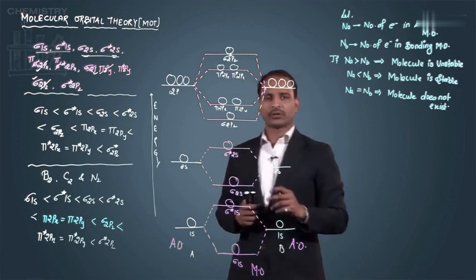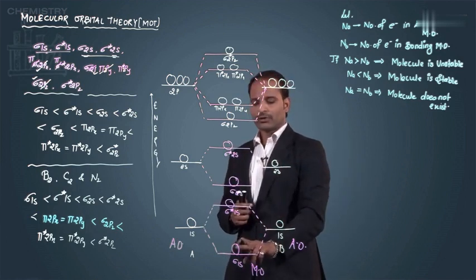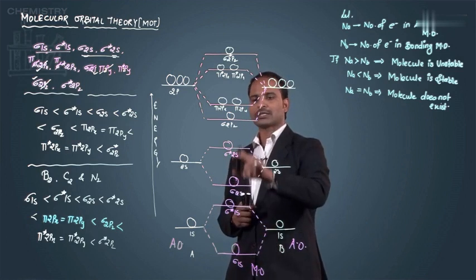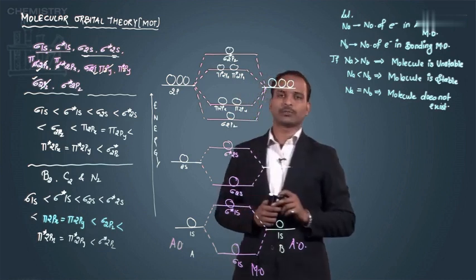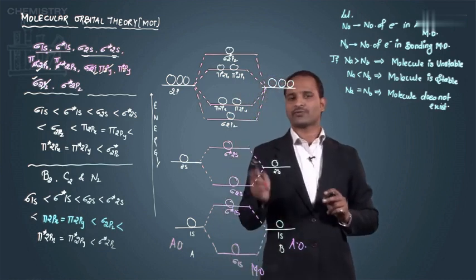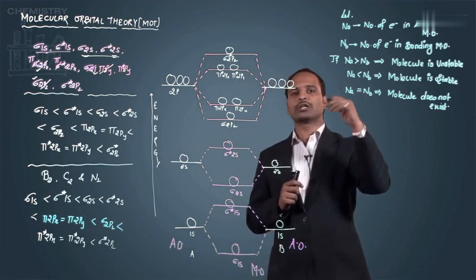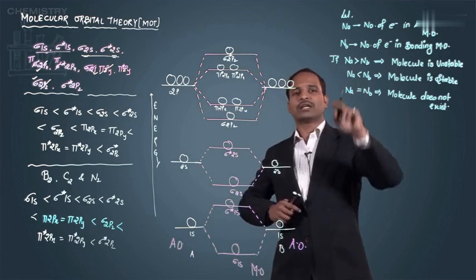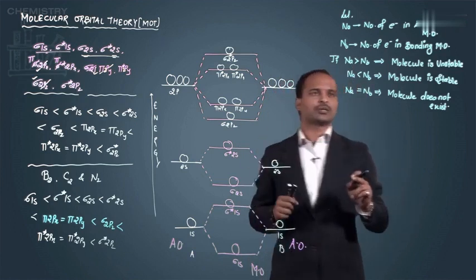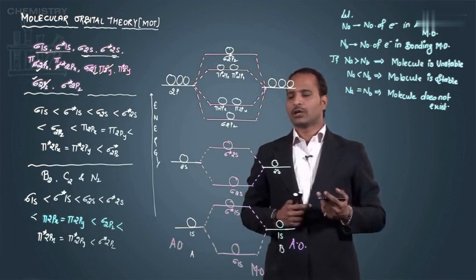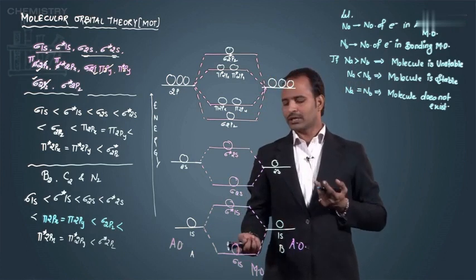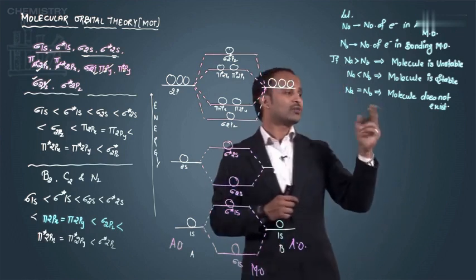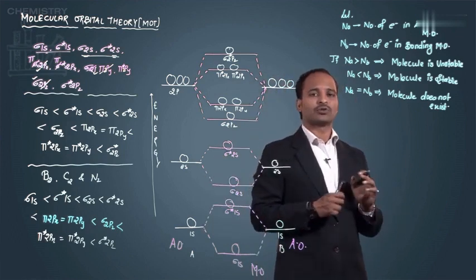Logically, this is not possible, because electrons fill the lower energy level first, which means filling takes place in the bonding molecular orbital. And if electrons are first filled in the bonding molecular orbital, then the anti-bonding electrons cannot be more than the bonding ones. That's why if Na is greater than Nb, the molecule is unstable, and if Na is less than Nb, the molecule is stable. And if both are equal, the molecule does not exist because there is no bond.